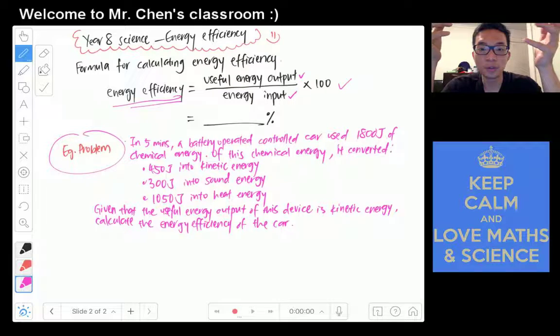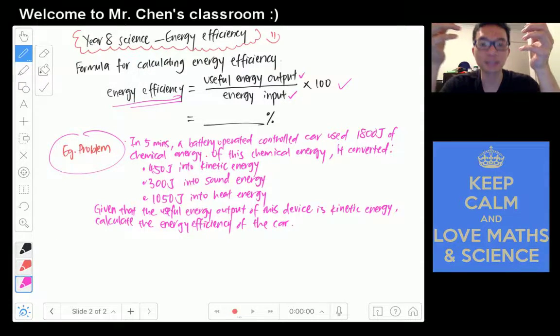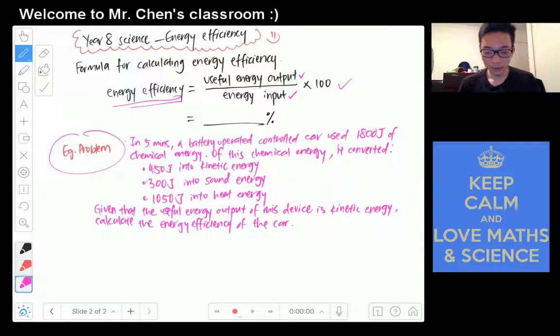Out of 1800 joules, 450 joules went into kinetic energy, 300 joules went into sound energy, and 1050 joules went into heat energy. As you can see, off the top of my head I know this battery car is not very efficient. Let's calculate the energy efficiency for this.